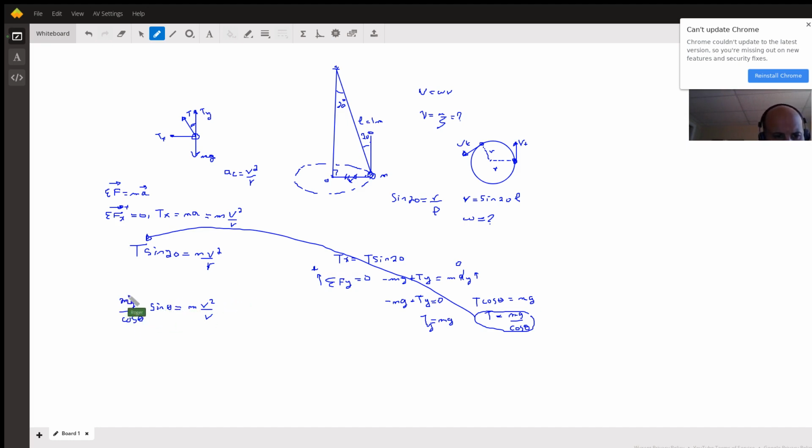So you notice immediately that this m and this m cancel out. That's why he did not give you the mass, because he knew at the end that the mass is going to cancel out.